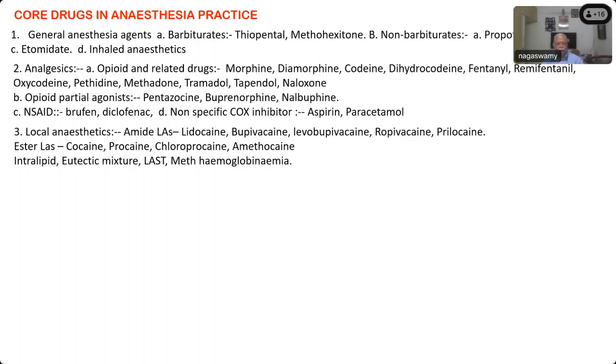But before Karl Koller, who was using cocaine? He was not an anesthetist. Karl Koller also is not an anesthetist. Which specialty did he belong to? He was an ophthalmologist, but he was working under Sigmund Freud, who was a psychiatrist. Sigmund Freud was doing research on cocaine addiction.